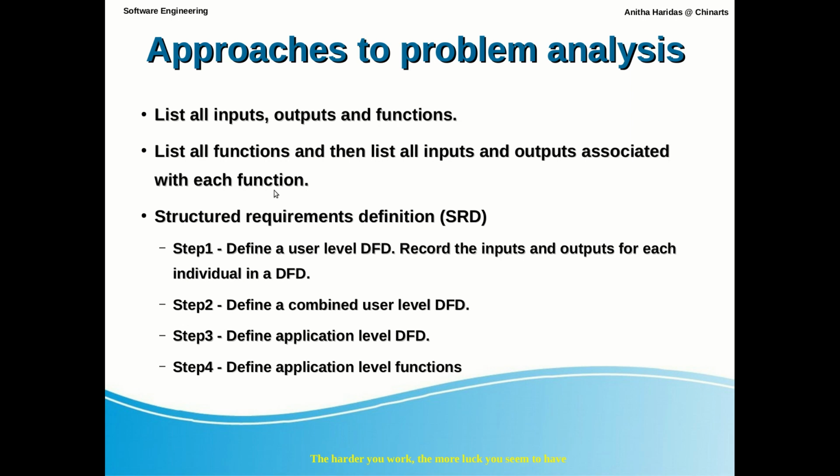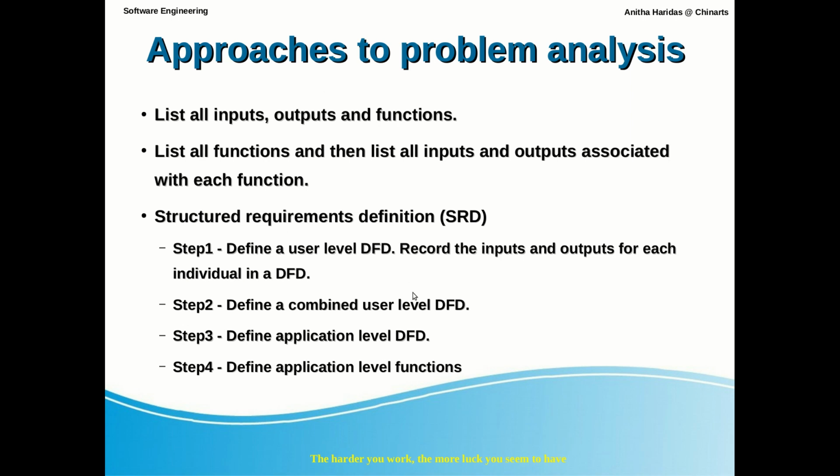This is another way. Or you can go for a structured requirement definition. Define the user level DFD and record all the inputs and outputs for each and every individual. Then you define the combined user level DFD. Then you define the application level. Then you go for defining application level functions also.